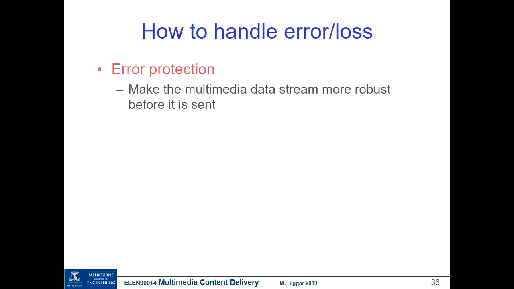So how do we handle errors or loss of data? There are a couple of options that we can think about. One is that we could try to protect against those errors. So if we make the multimedia data stream more robust before we send it, then we might be able to recover more quickly in the event of an error or a loss.